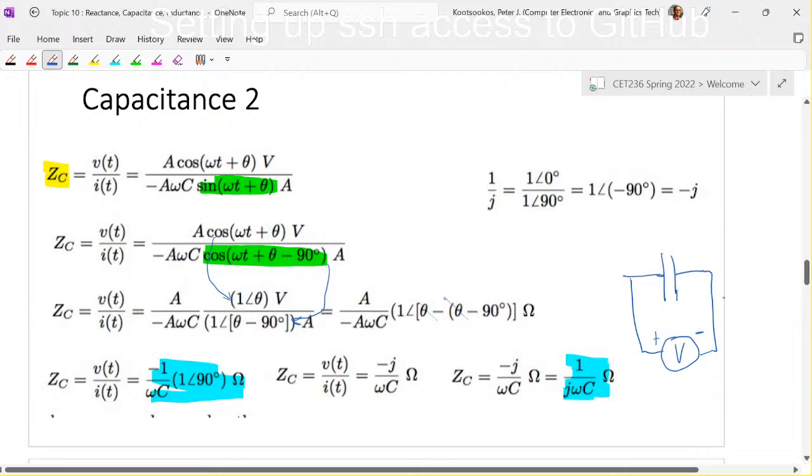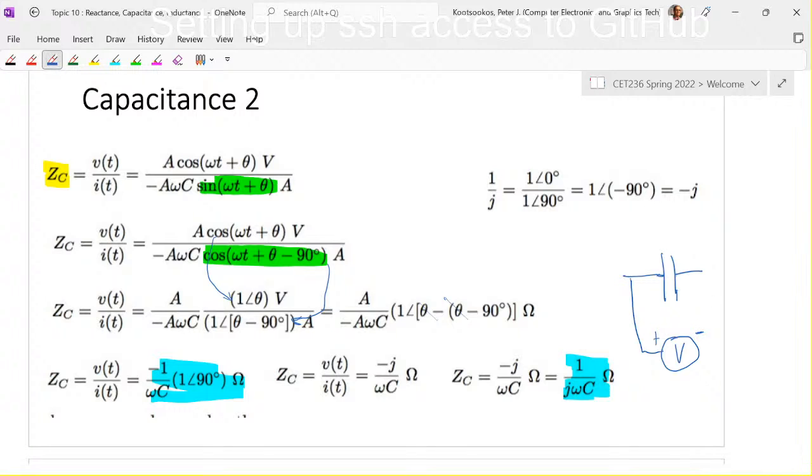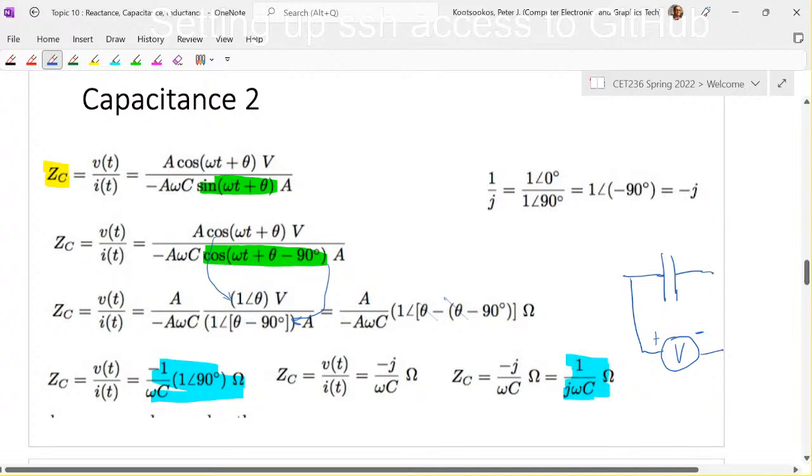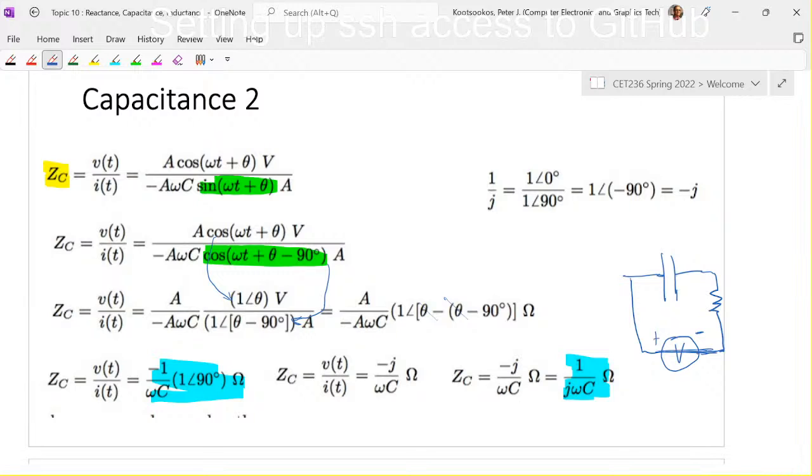What you've effectively got inside your computer is that. So when you turn off the voltage source, you don't have a disconnected capacitor, you've got a capacitor that's connected to ground via a resistor.